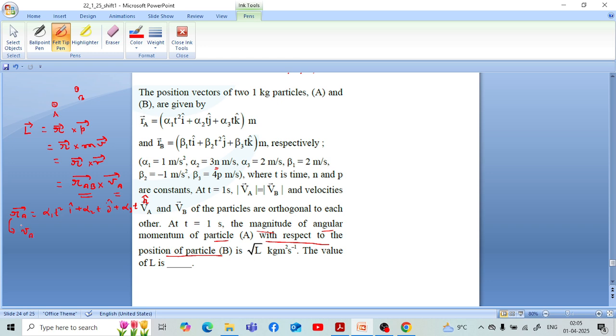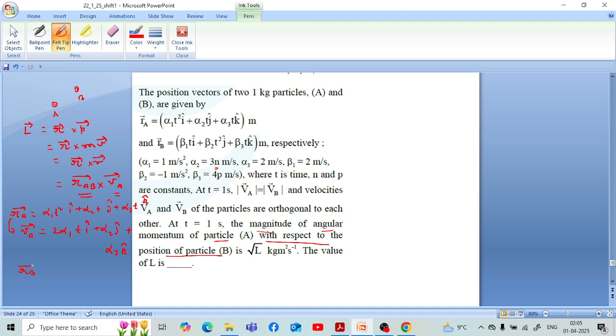So, Va comes out to be 2 alpha 1 t i cap plus alpha 2 j cap plus alpha 3 k cap. This is the velocity of particle A.